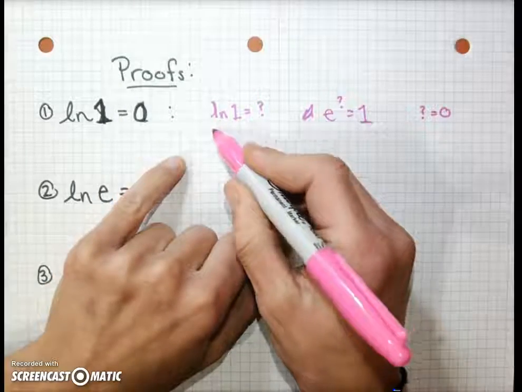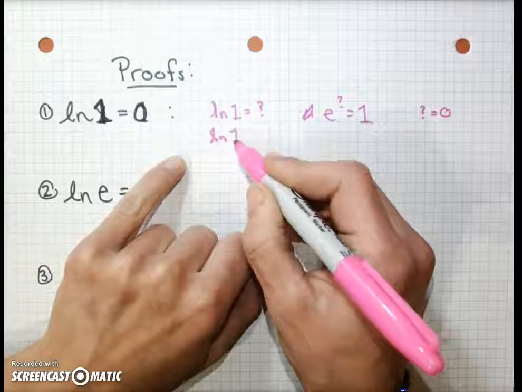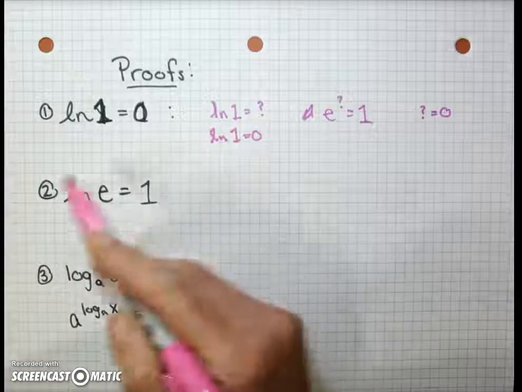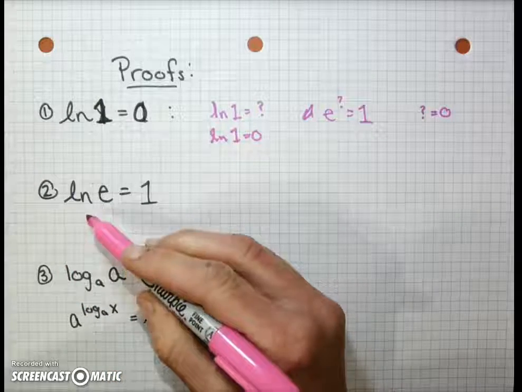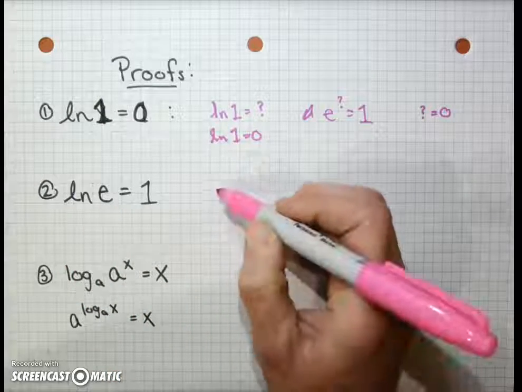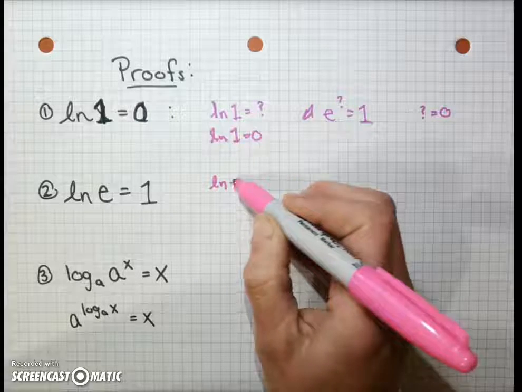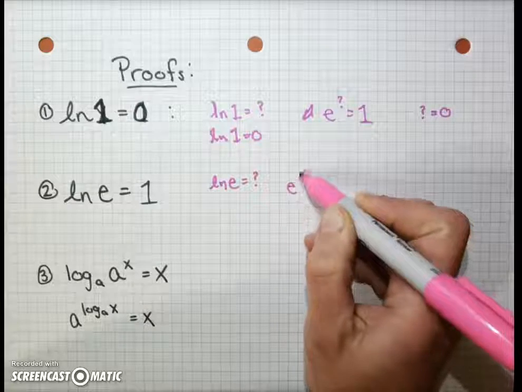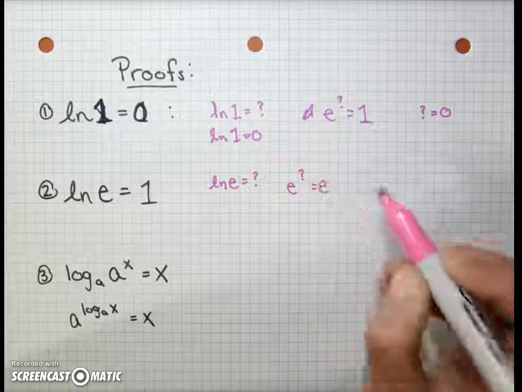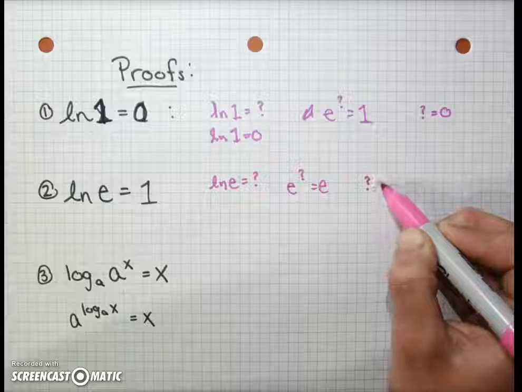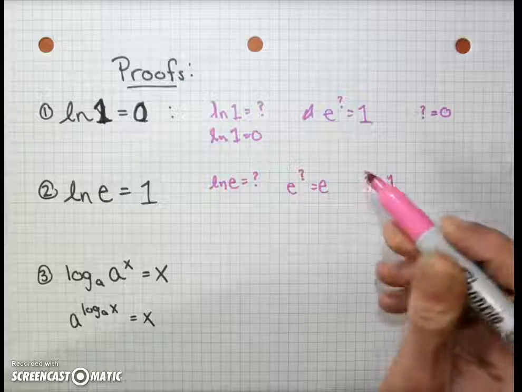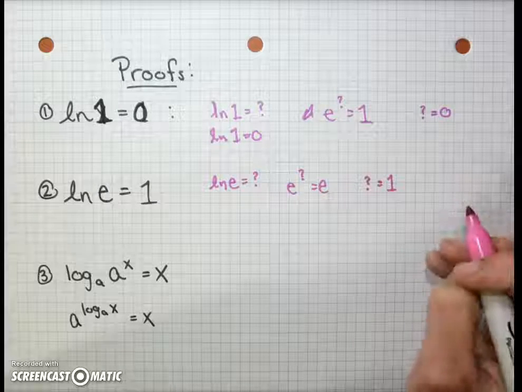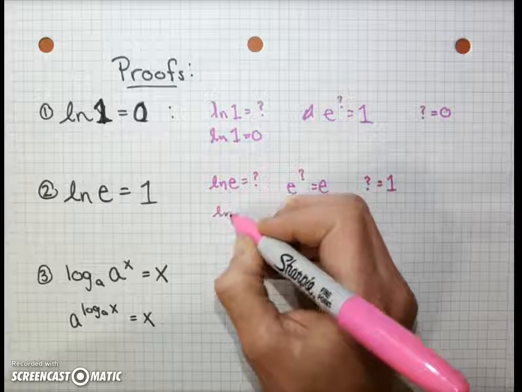So that's why ln of 1 equals 0. For our second property, why does ln of e equal 1? If I try to evaluate ln of e, what I'm asking is e to the what equals e. So that question mark has to be 1. If you raise something to a power and get that thing back, well, the power you raised it to must have been 1. So that's why ln of e equals 1.